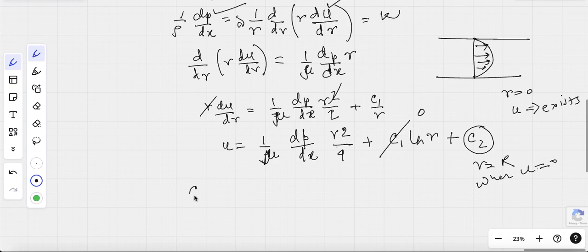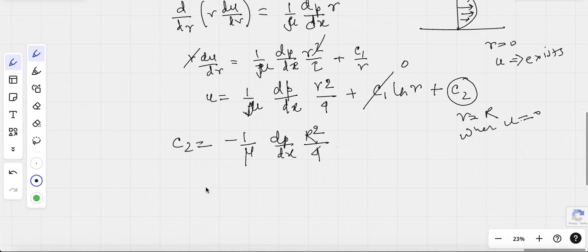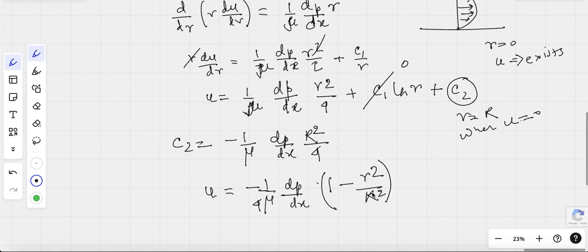So c2 is equals to minus 1 by mu dp by dx R square by 4. So u is equals to minus 1 by 4 mu dp by dx times 1 minus r square by capital R square, right?